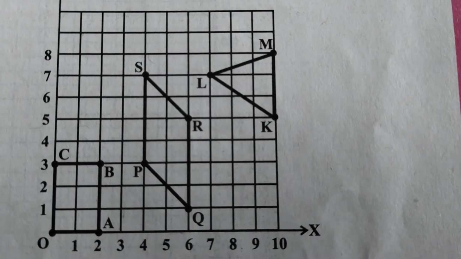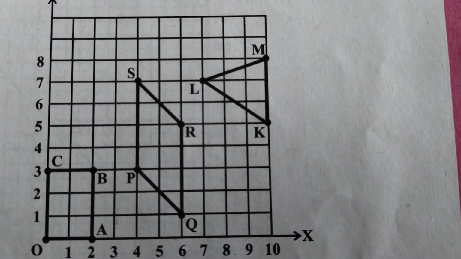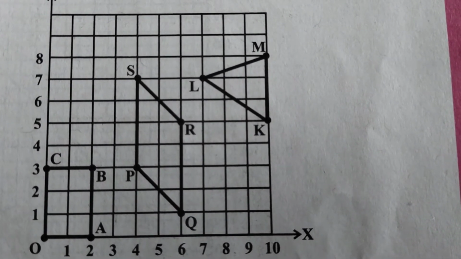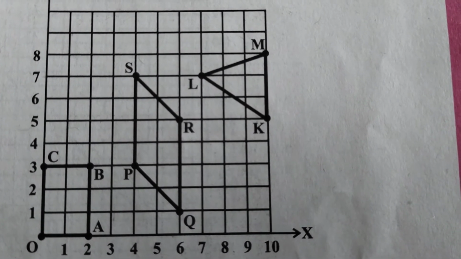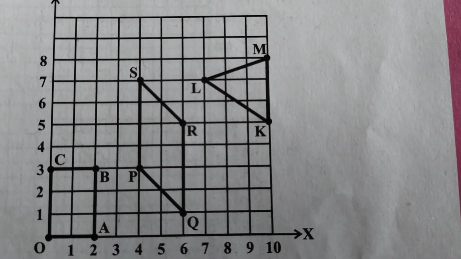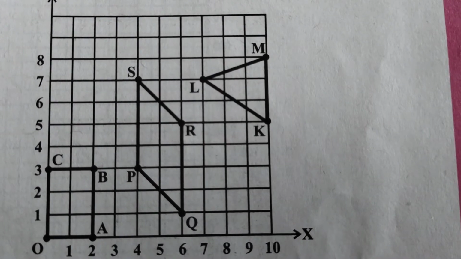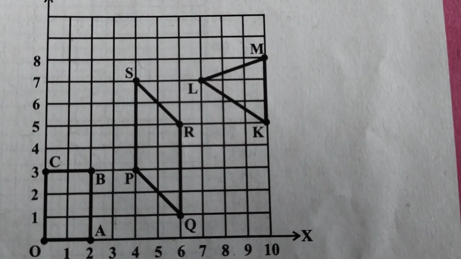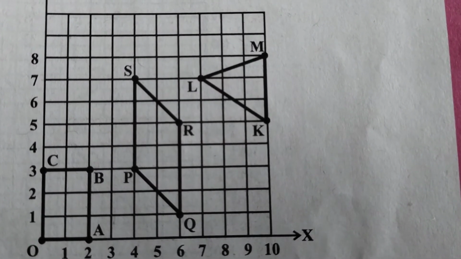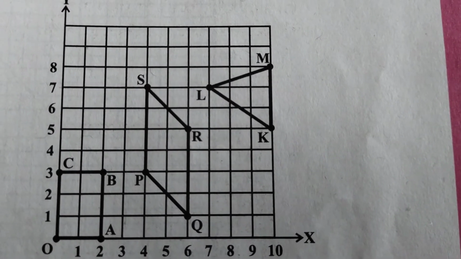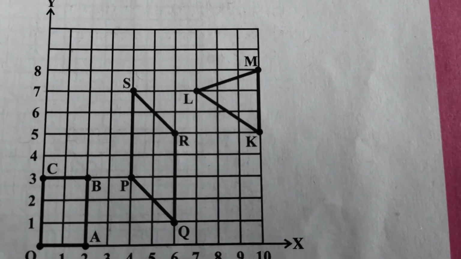Q is 6, 1. R is 6, 5. S is 4, 7. Similarly K, L, M. K is 10, 5. L is 7, 7. M is 10, 8. So like this we can identify the points from the graph.